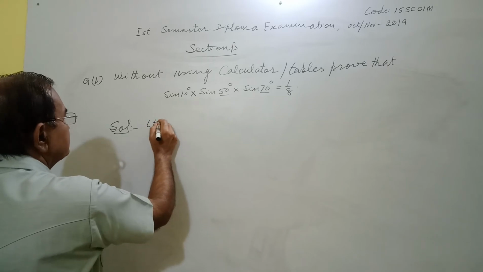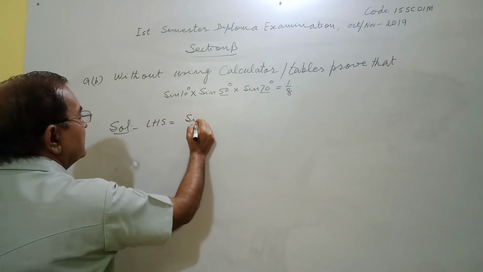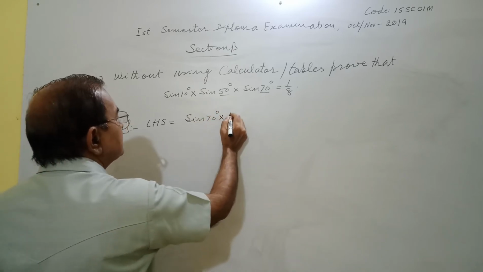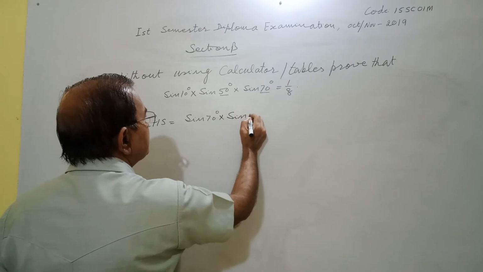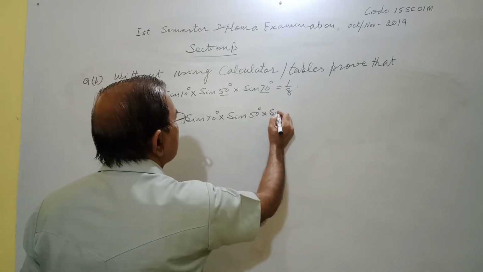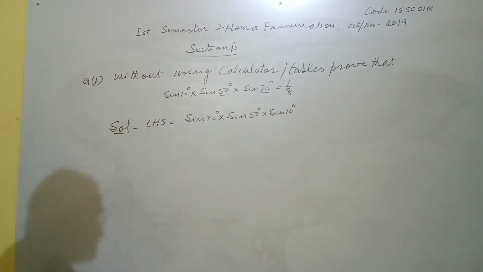Write this LHS as sin 70, sin 50 and sin 10. Start with LHS, go with the higher angles.